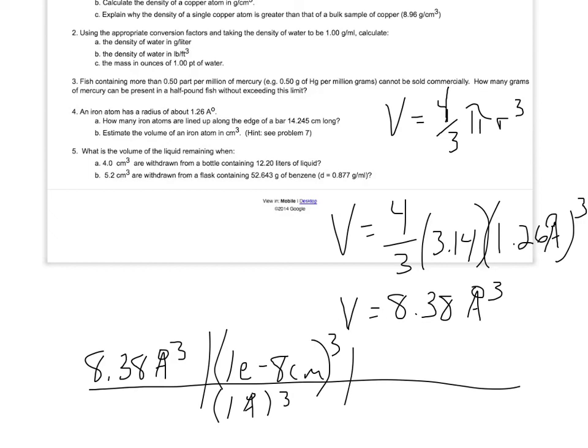As you can see, angstroms cubed will cancel angstroms cubed, and we should be left with the label centimeters cubed. And the answer I get is 8.38 e to the negative 24th. And that's how you do that problem.